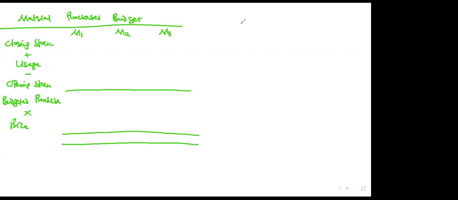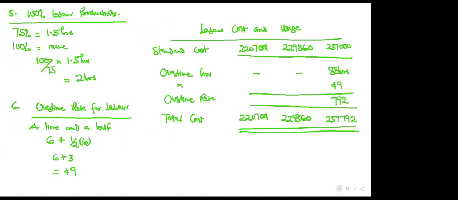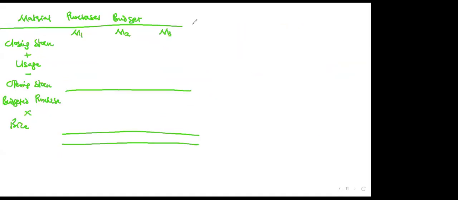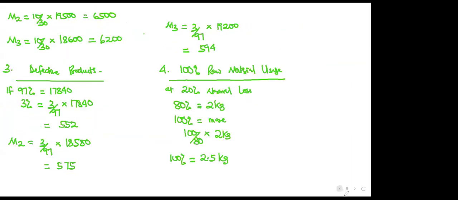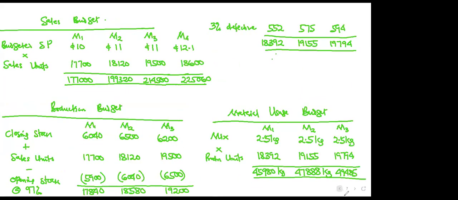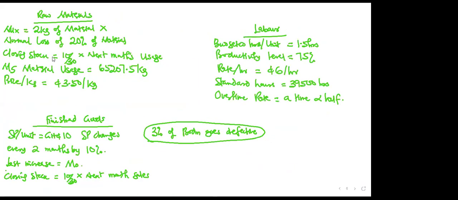So let's go and calculate the closing stock of raw materials in our workings. That will be working 7. If you look at the information we provided, they told us clearly that for raw materials, the closing stock is 10/30 of next month's usage.